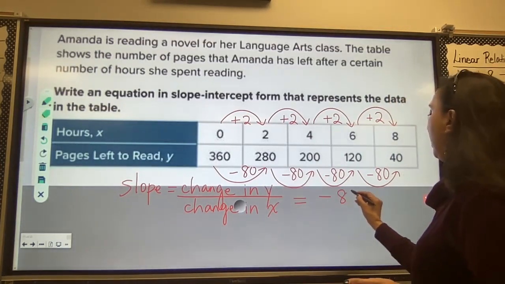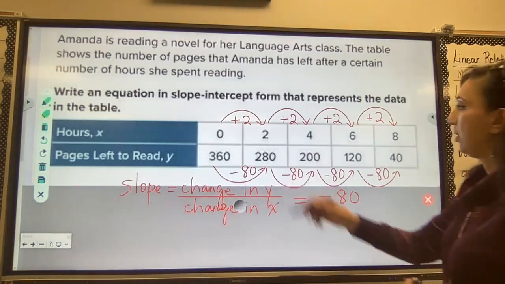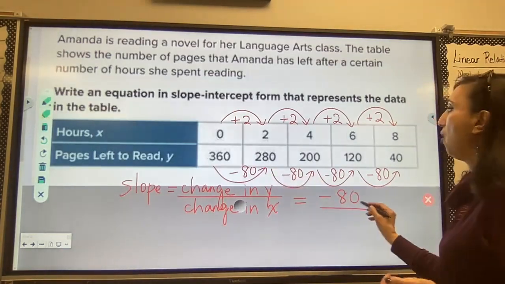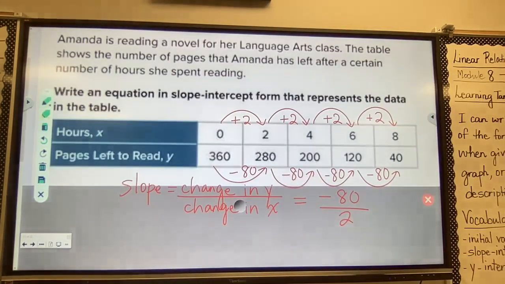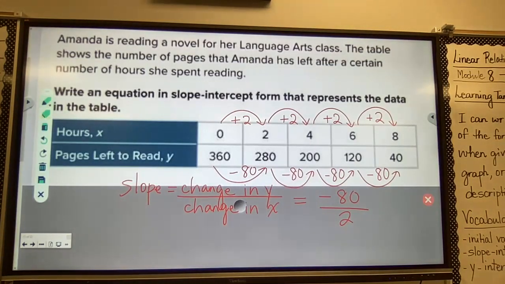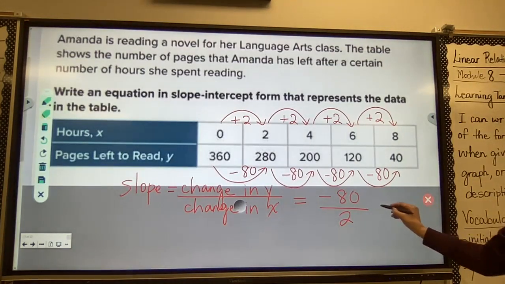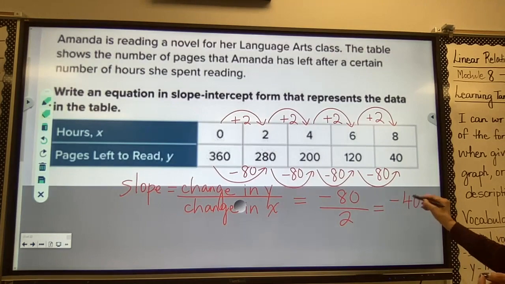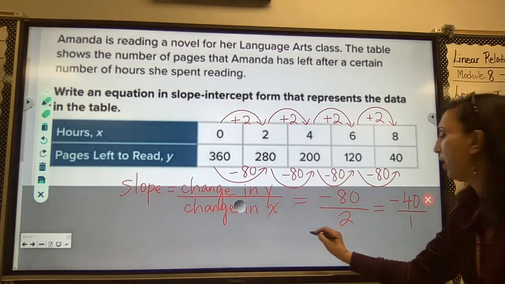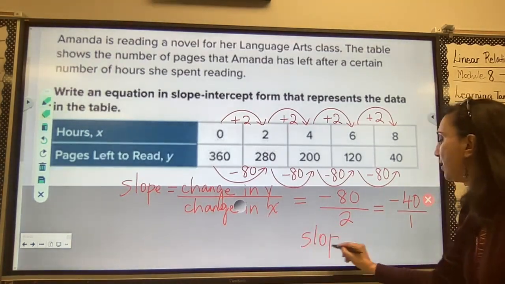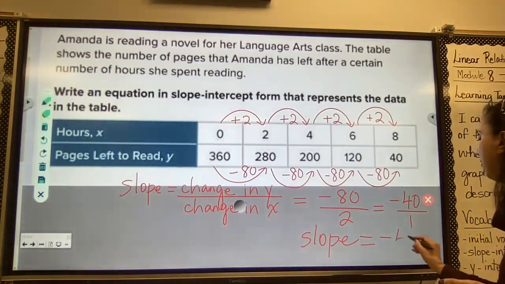This is negative 80, and this is my change in x, 2. Therefore, I'm going to simplify this, and I get negative 40 over 1. So what is my slope? My slope is negative 40.